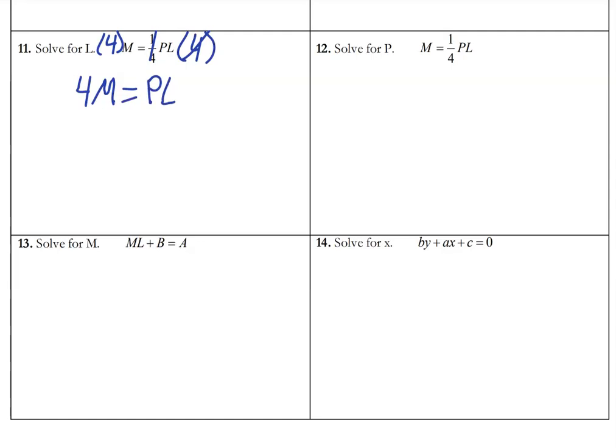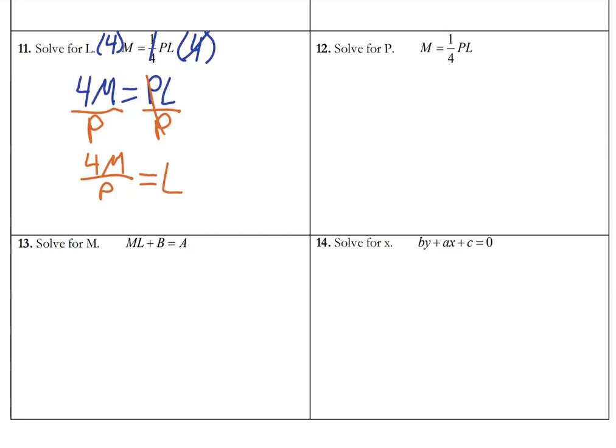Right, and our goal is L by itself, right? Because we're solving for L. So now my next step is to get rid of p, and in order to do that, since it's p times L, I do the opposite. I divide by p on each side. So that's gone. And then on the left now we just have 4m over p equals L.